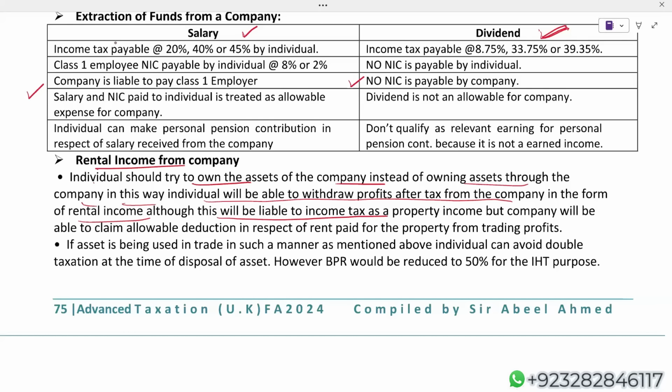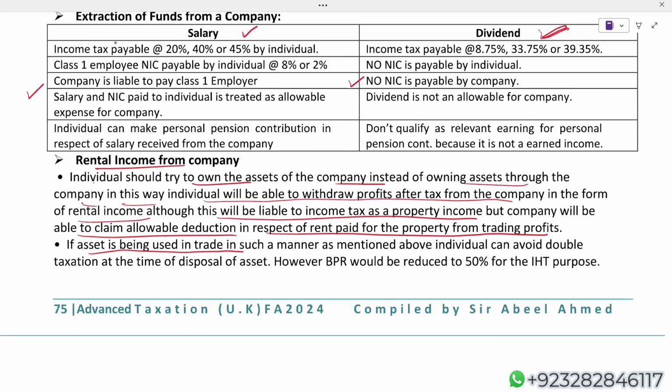This will be liable to income tax as property income, but the company will be able to claim an allowable deduction in respect of the rent paid for the property from the trading profit. So you should buy that property first and give it on rent to the company. Obviously, the company will pay you the rent, and whatever rent the company is paying is an allowable expense.